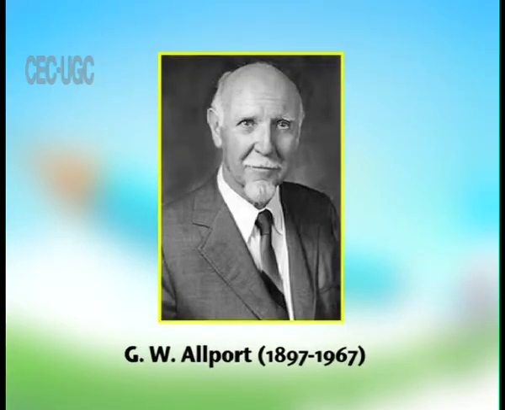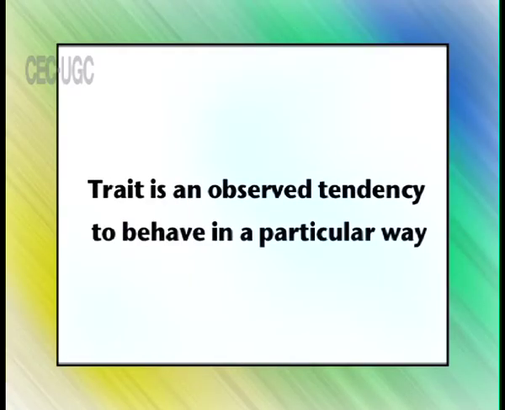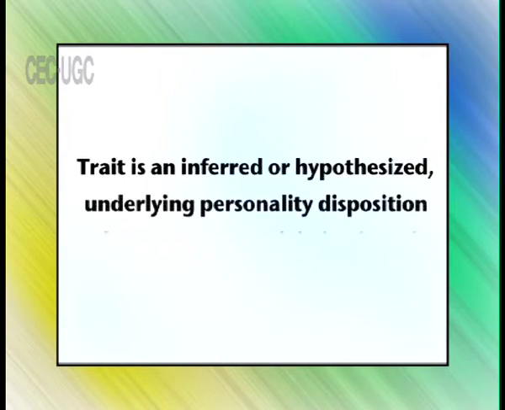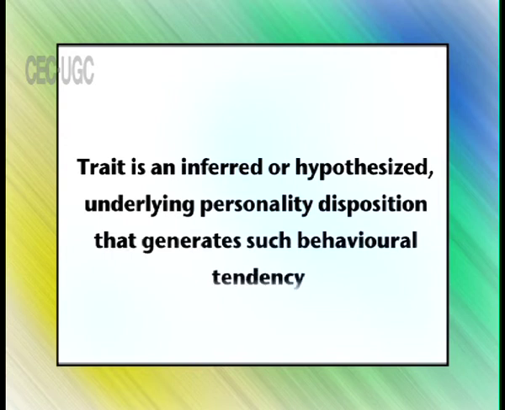According to Allport, who developed the trait approach to personality, the concept of trait has two separate but complementary meanings. On the one hand, a trait is an observed tendency to behave in a particular way, and on the other, a trait is an inferred or hypothesized underlying personality disposition that generates such behavioral tendency.